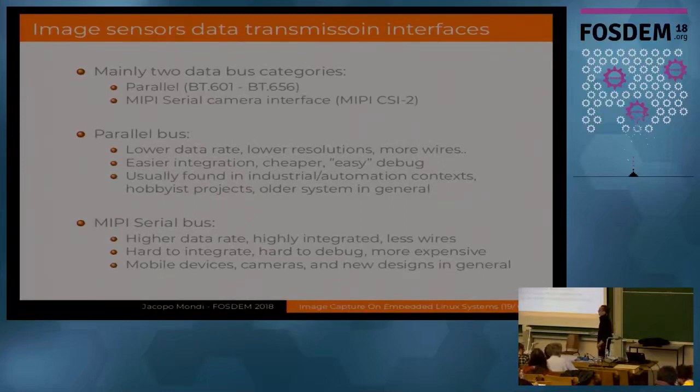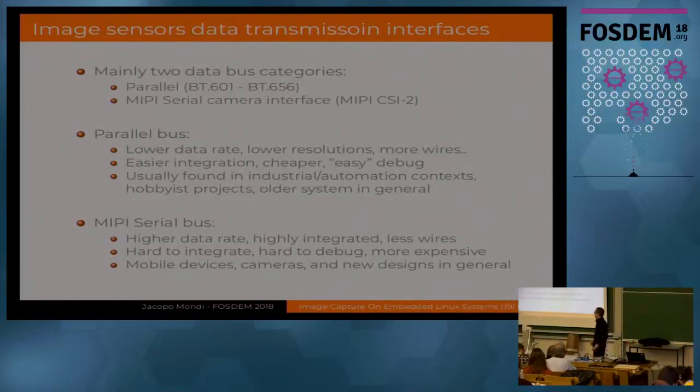Of course, you would find this in hobby design and older design, because the performance is poor compared to newer buses like this one. MIPI is a standard committee that has defined a set of buses for image transmission, display, and a lot of things.